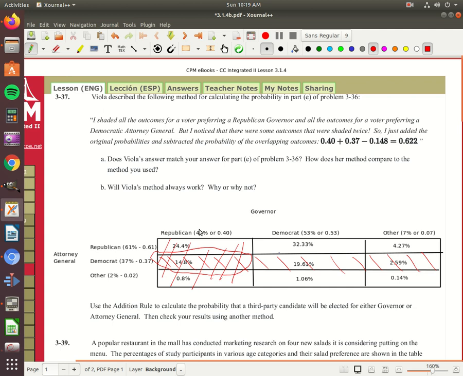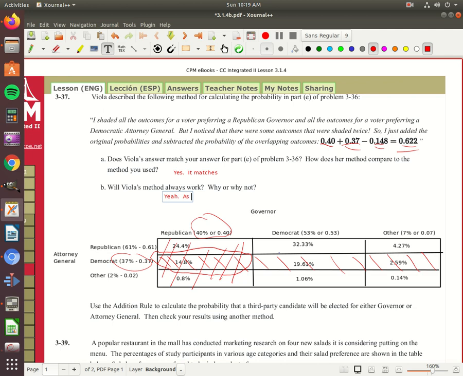So I just counted all these 40% here, and then I counted all these 37%, right? And that was 70%. And then I just subtracted the people that got counted twice so that I only counted them once. And we got that answer. So does Viola's answer match ours? Yeah, it does. Yes, it matches, right? And does Viola's method always work? Why or why not? Yeah, I mean, as long as you're doing it correctly, it should work.